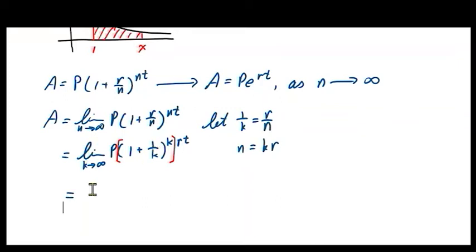So the limit only affects what's inside this. Everything else is a constant. So this becomes P to the something, whatever that limit is, to the rt power, isn't it? And we only need to figure out what the something is, right? This something is the limit as k approaches infinity of 1 plus 1 over k to the k power.